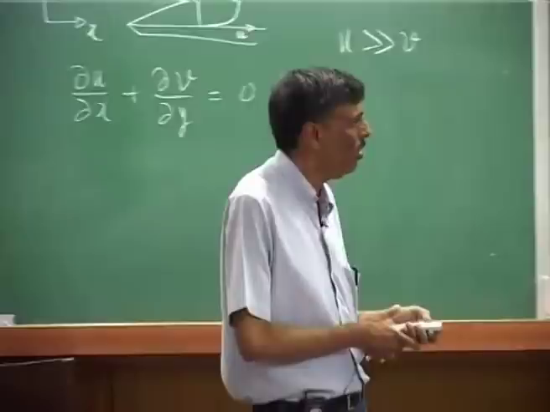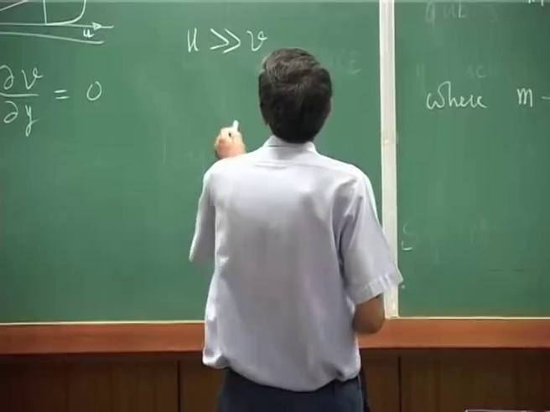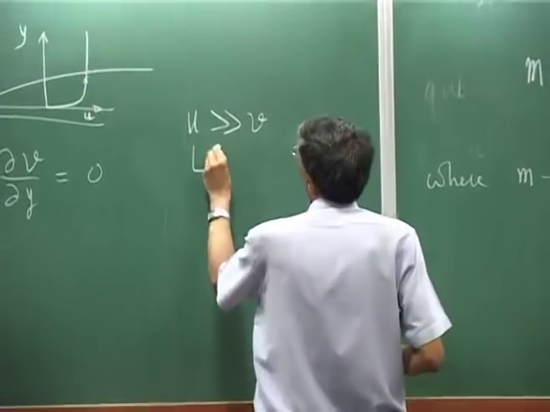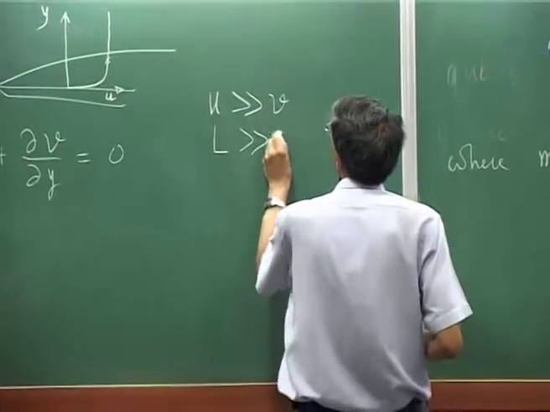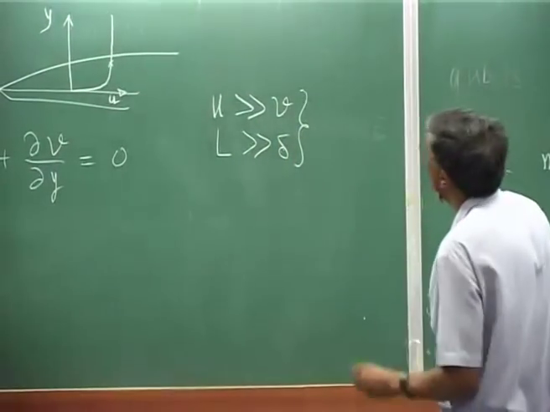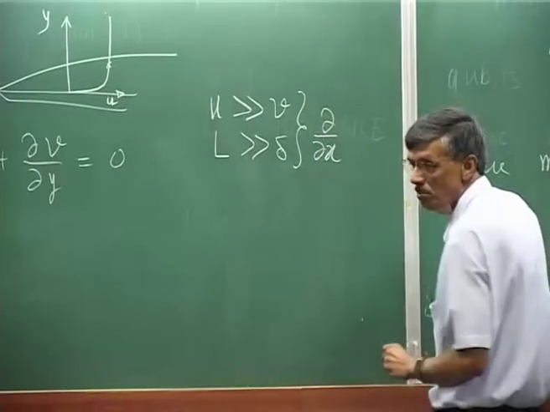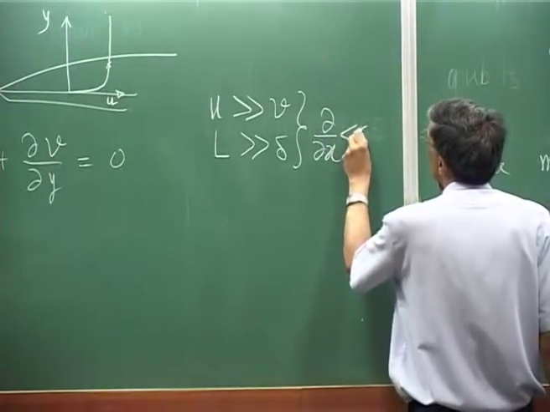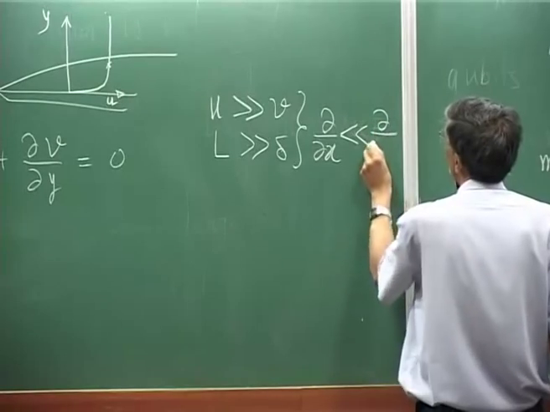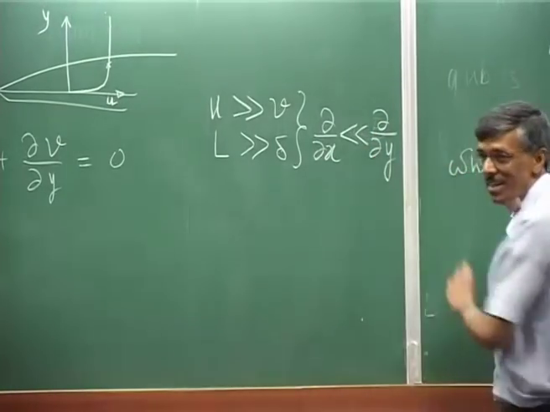What happens is, of course, that these two conditions are also synonymous to saying the following, that any streamwise gradient, del del x, is much smaller than the wall normal gradient.